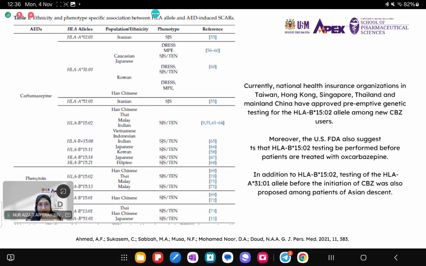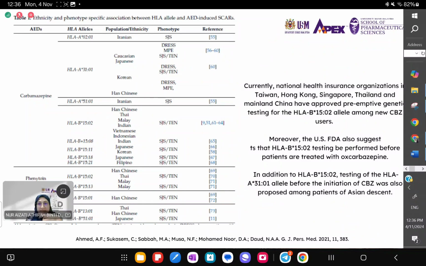This one is about anti-epileptic induced CAR and population. For example, for carbamazepine, the HLA-A*3101 marker in Caucasian, Japanese, Korean is related to SJS/TEN. And for 1502, there are also a lot in Southeast Asia.